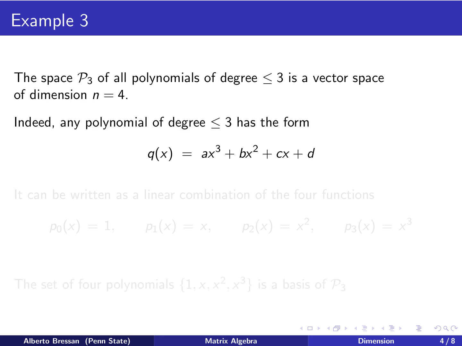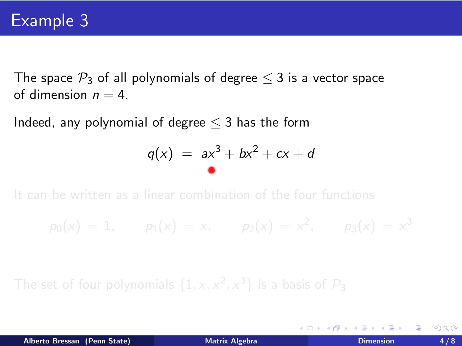Now first we will write out the general form of a polynomial of degree less than or equal to 3. It will look like this. Let's call it Q of x. It will equal the sum of all the terms of power of x less than or equal to 3.